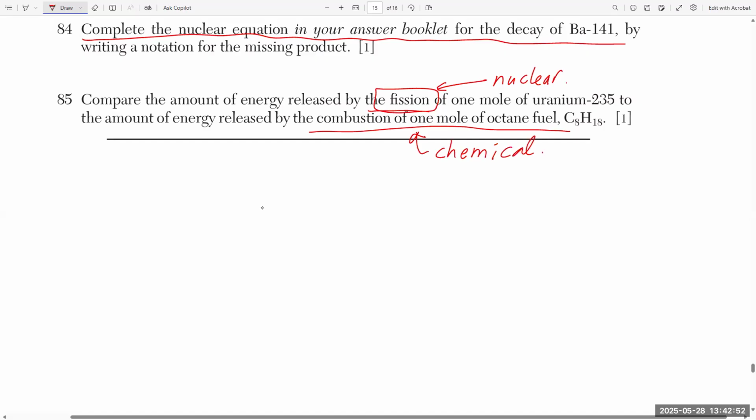Hey, what is more powerful, a nuclear bomb or a chemical bomb, kids? I mean, do I have to explain that? This seems so easy, right? But guess what? Every year, some kid messes this up and says that the chemical has more energy. I don't know where that comes from. I mean, what kind of bomb is the most powerful bomb? Nuclear bomb. So nuclear releases more energy than chemical.